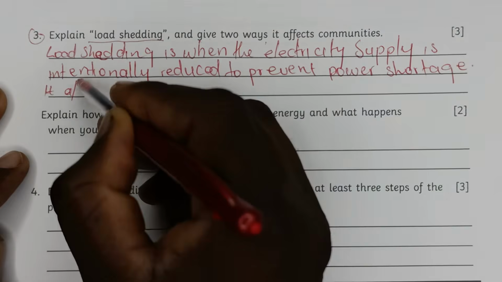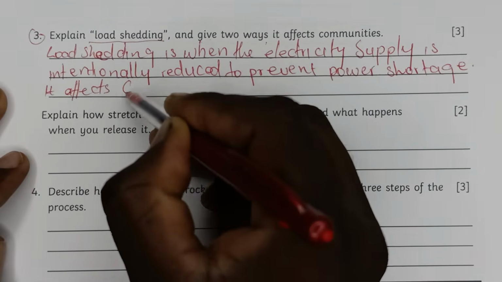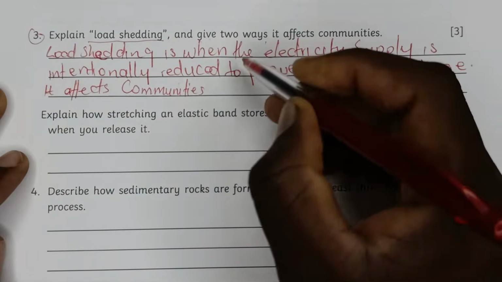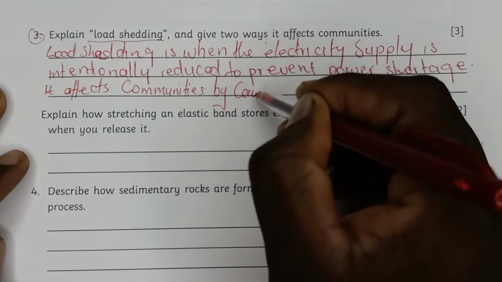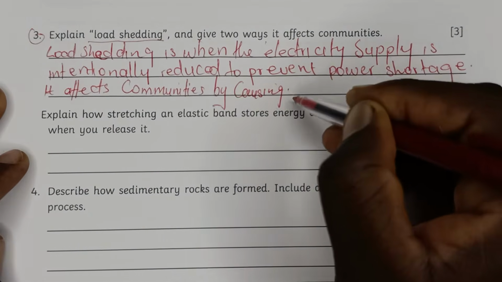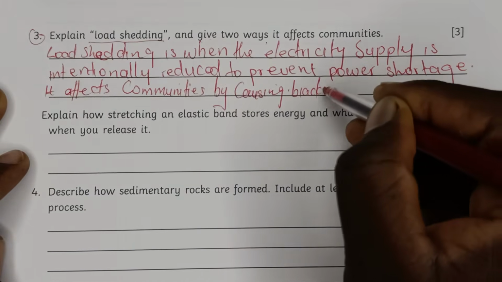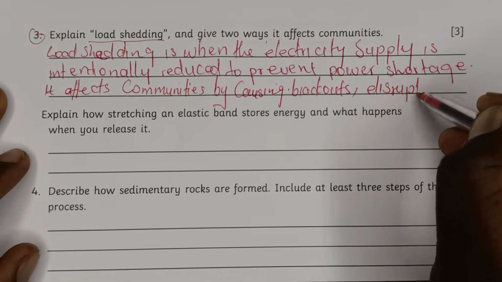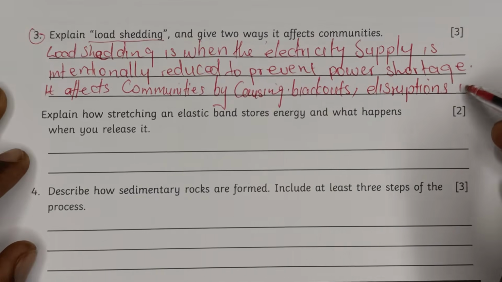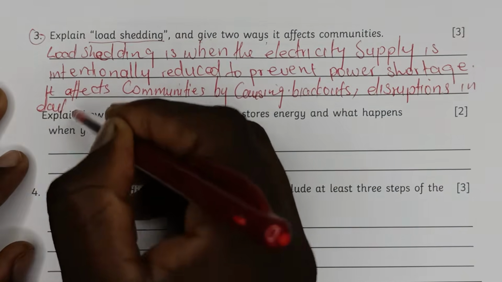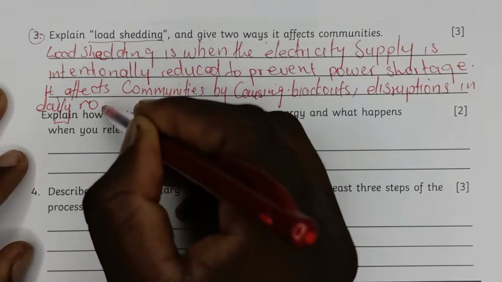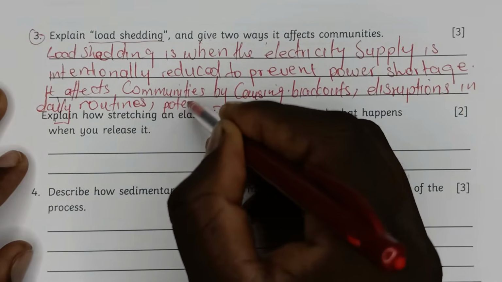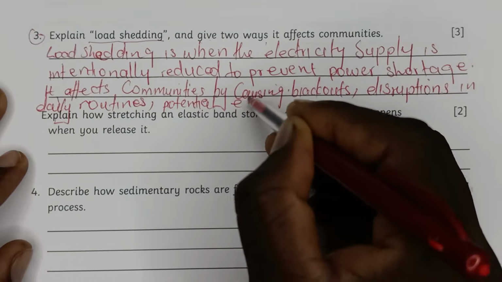So it affects communities by causing blackouts, they cause a disruption in daily routines, meaning that your daily routines now are disturbed, and potential economic losses.